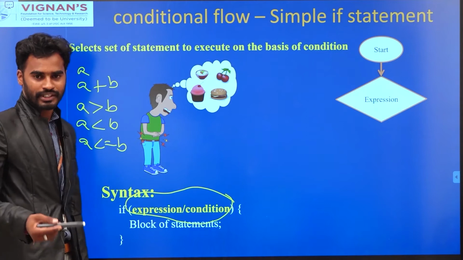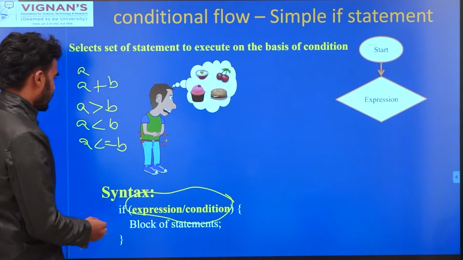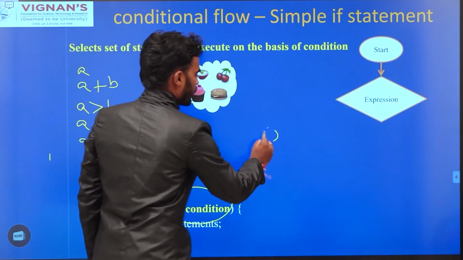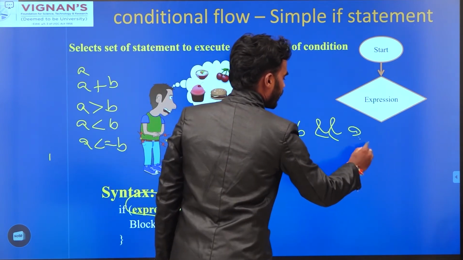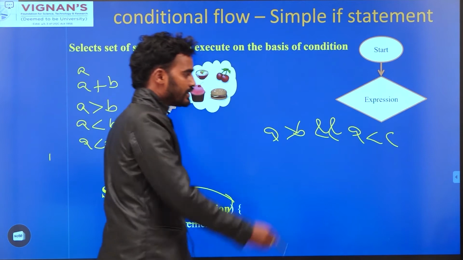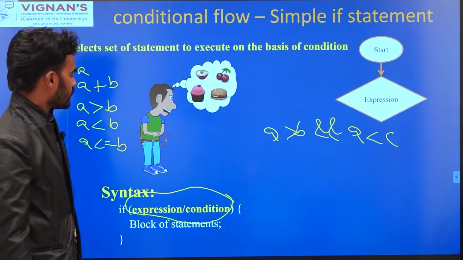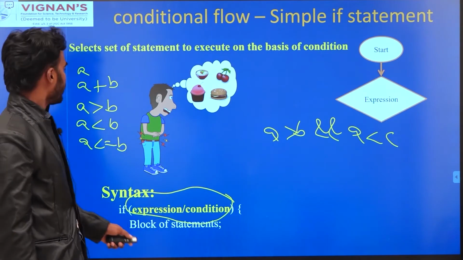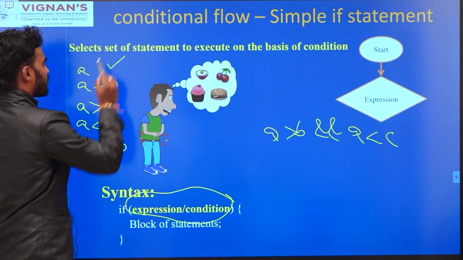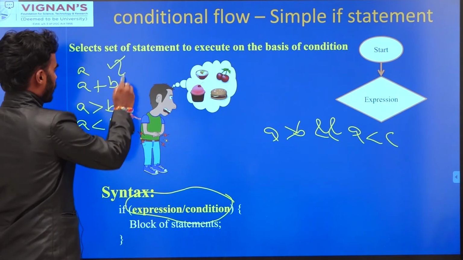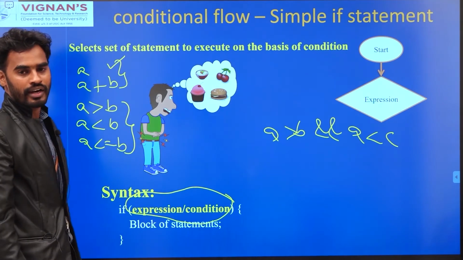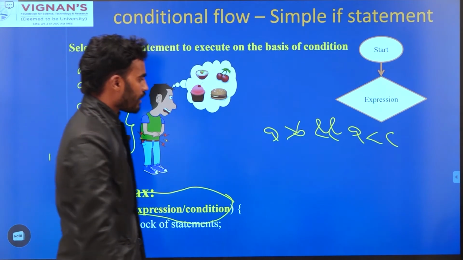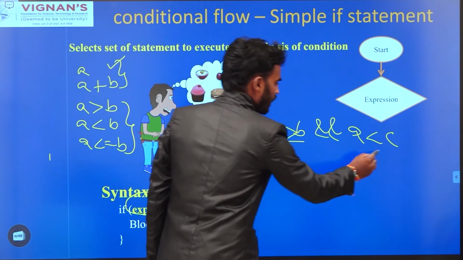A composite expression can have more than one condition, like A is greater than B and A is less than C. So this is an example of a composite expression. So the expression can be anything: a simple expression, a conditional expression which involves relational operators, or a composite expression which has more than one condition.